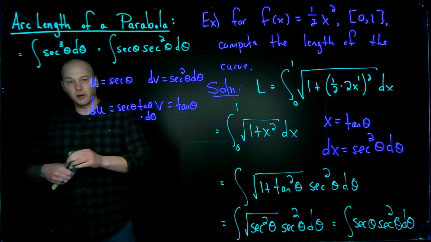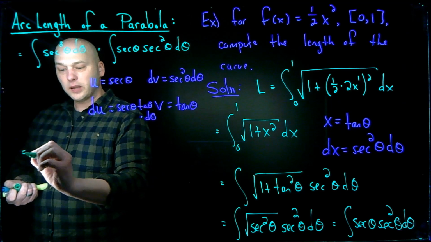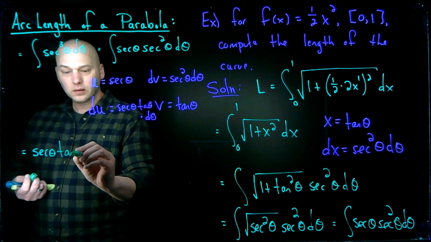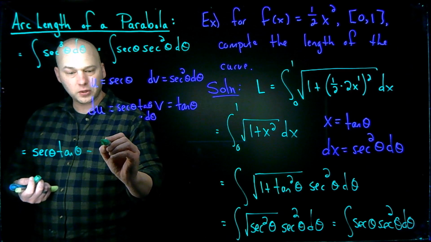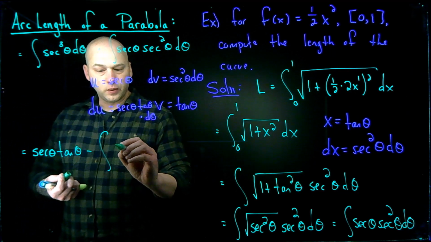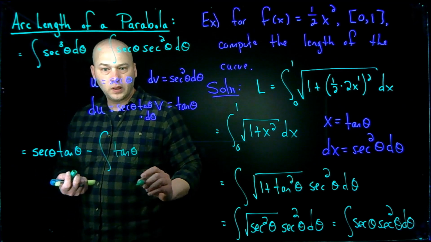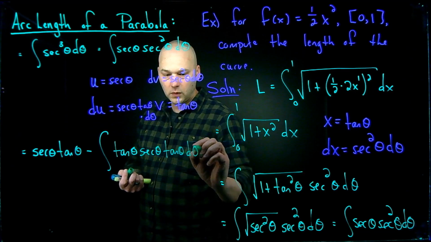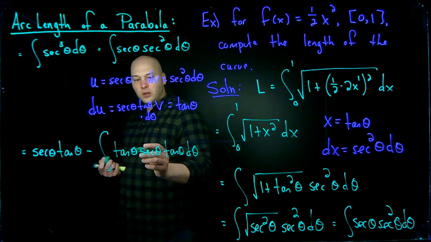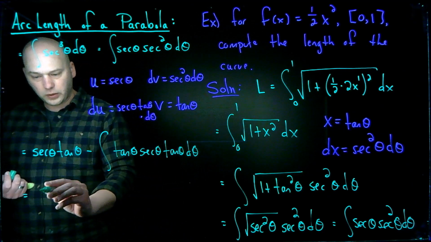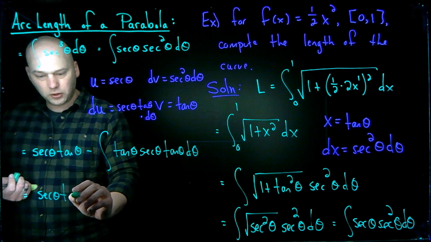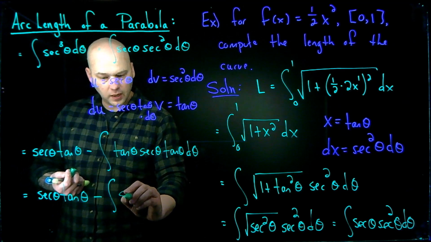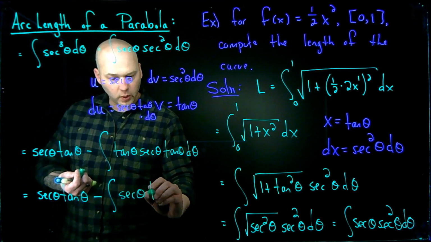All right, then the integration by parts formula says that this is going to be uv, so in other words, secant theta tangent of theta, minus the integral of v du, so tan theta, secant tangent, d theta. And then let's put the tangents together. So secant theta tangent theta, minus the integral of secant times tangent squared.